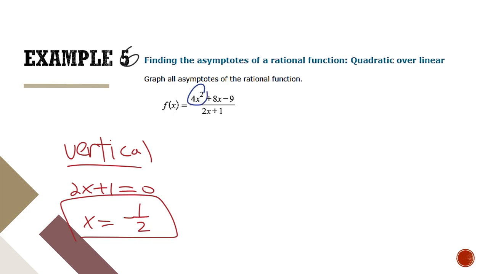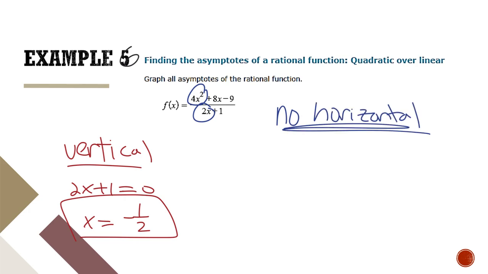Now notice how the numerator is in fact larger than the denominator. So there are no horizontal asymptotes. That is one thing to notice.